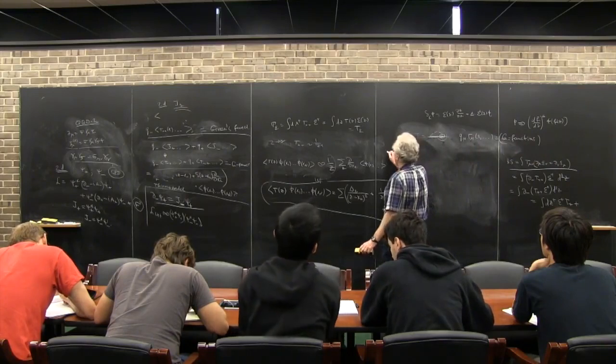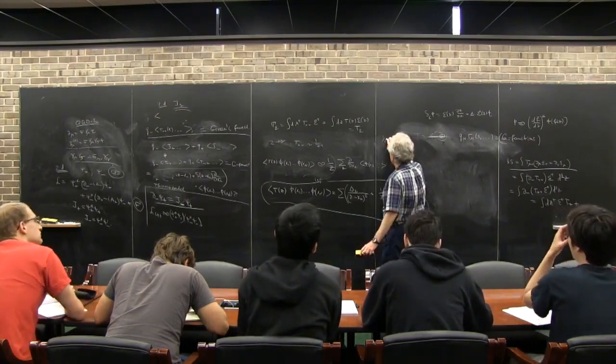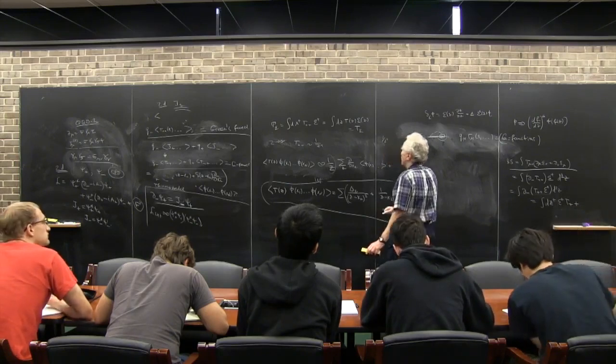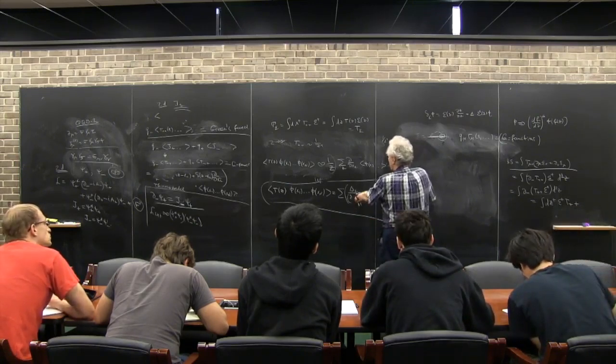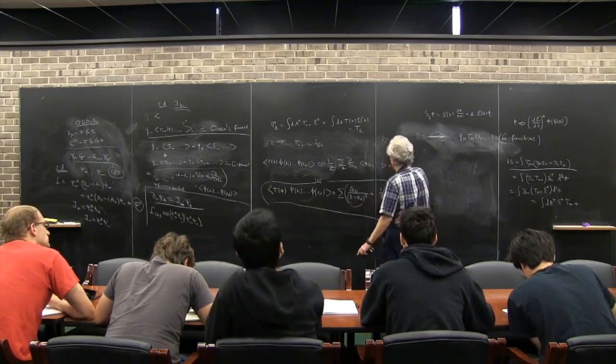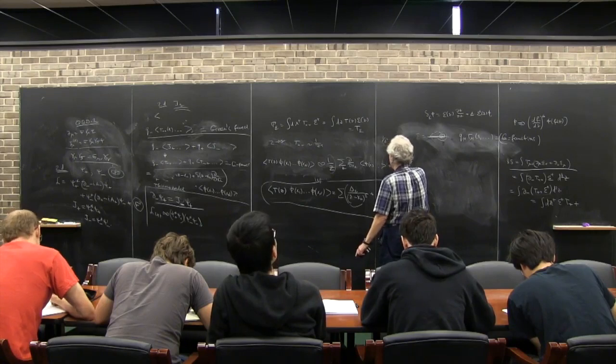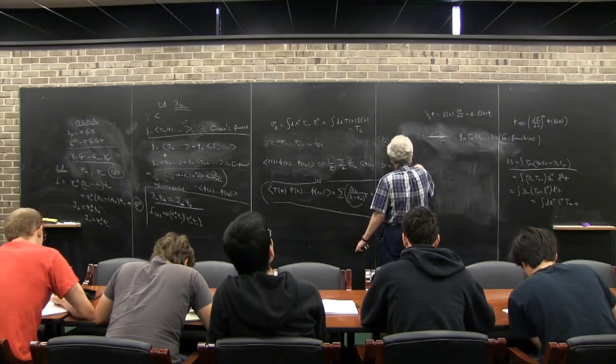Now let's take the 1 over z squared terms. One over z squared terms come from this and from this, and we will get 1 over z squared times the sum over delta k.